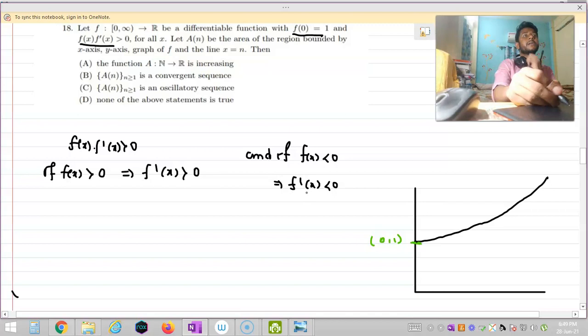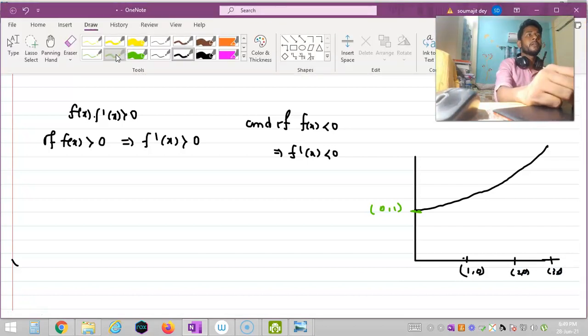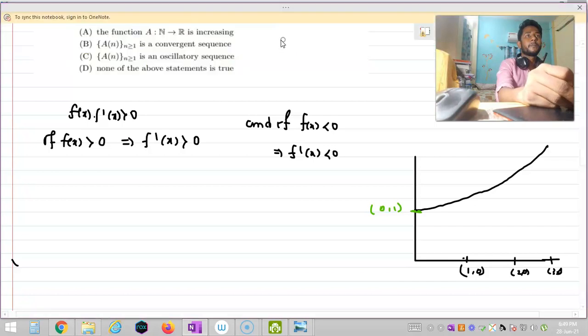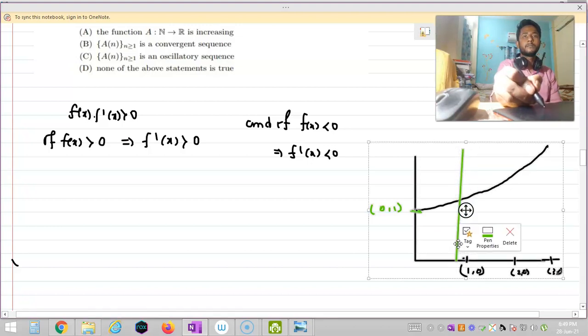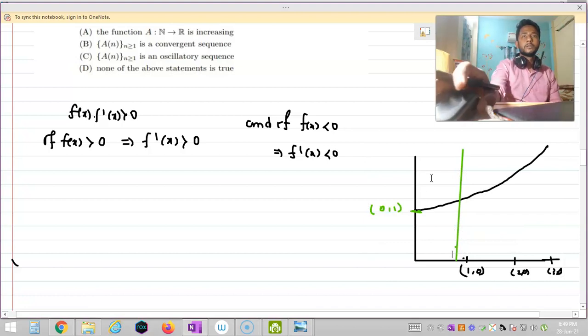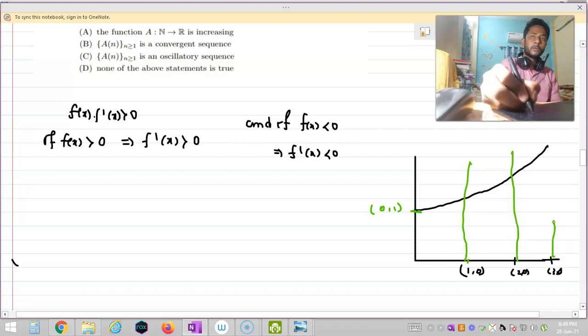Now observe, first choose a line, then choose the points. This is our (1, 0), this is (2, 0), this is (3, 0). Now I am drawing the graph. This is our line y = 1, this is the line y = 2, this is the line y = 3.